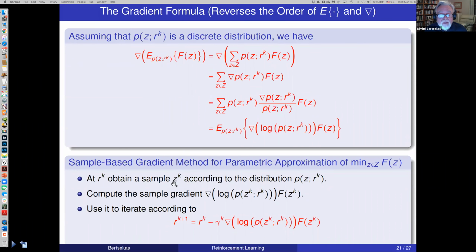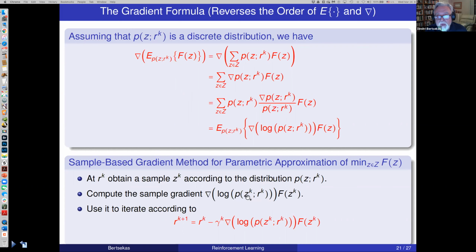So now we have Zk, and we compute this gradient that corresponds to just this sample. Ordinarily we would like to have the expected value of this, but this would require Monte Carlo simulation. The true gradient involves the expected value of this. So we use just a sample gradient, and we have this class of probability distributions.